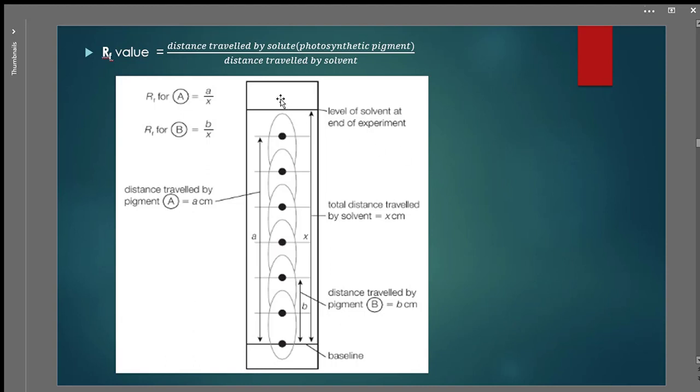This distance from here to here is supposed to be 2 centimeters. Then this one along this end up to the baseline, that is the length, which should be 15 centimeters.